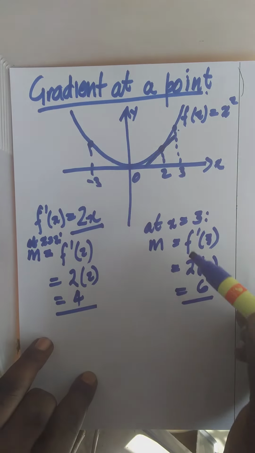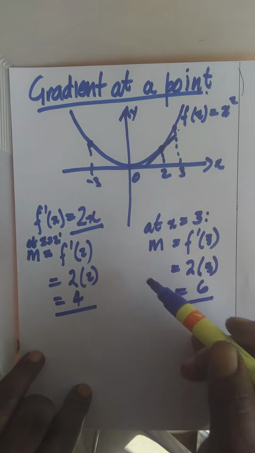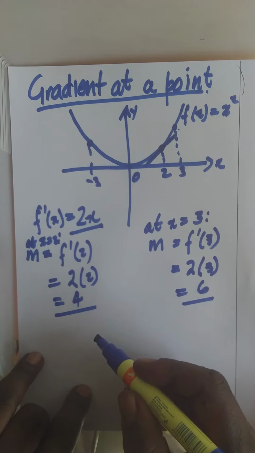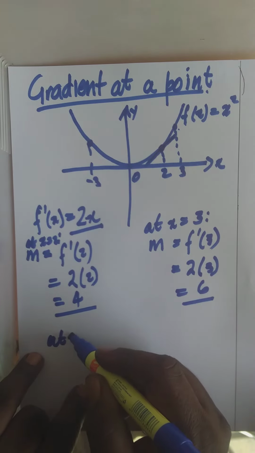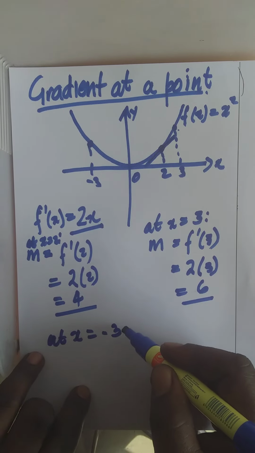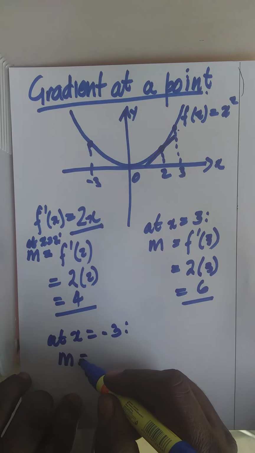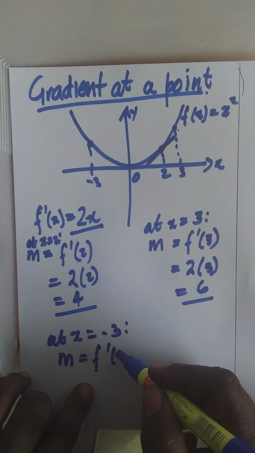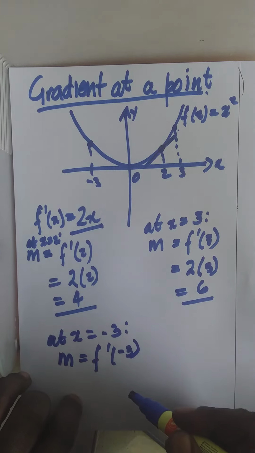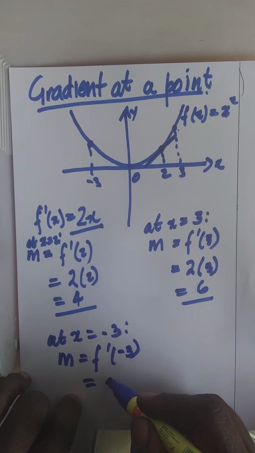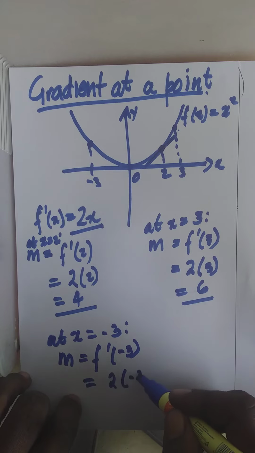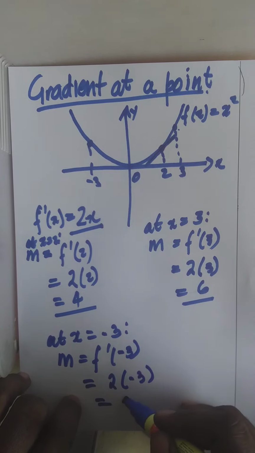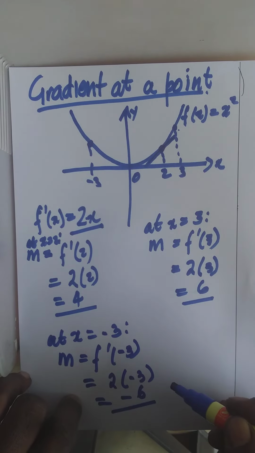At x is equal to 3, the gradient is equal to 6. What about at x is equal to negative 3? At x is equal to negative 3, the gradient will be equal to f prime negative 3, which is 2 multiplied by negative 3, which is equal to negative 6.